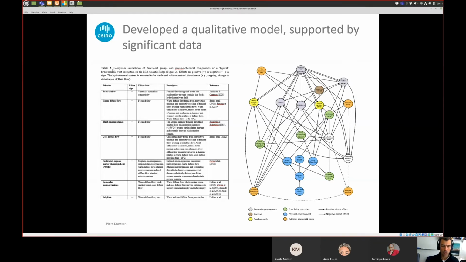It's really important to note that there is actually a lot of data sitting behind this, and what this process has done is taken in an enormous amount of data from a wide variety of different sources and synthesized it to come up with this simplified model of the ecosystem and how the ecosystem is operating.